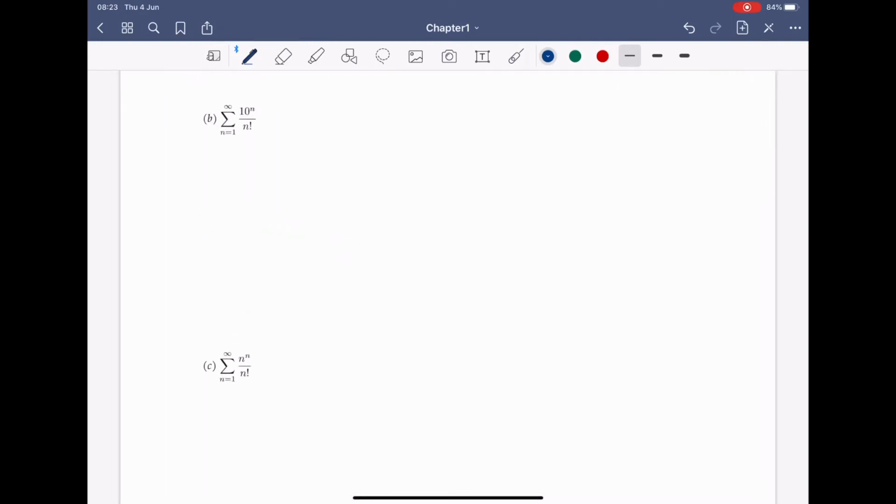So part B, you have summation of 10 to the n over n factorial, where n starts from 1 to infinity. So here we have a sub n equal to 10 to the n over n factorial, right? And then we can see that an is always positive, right?